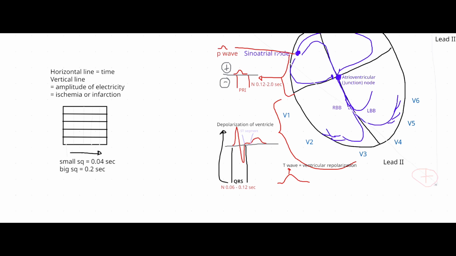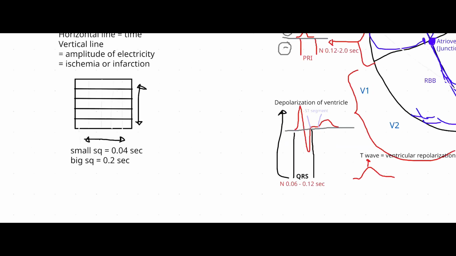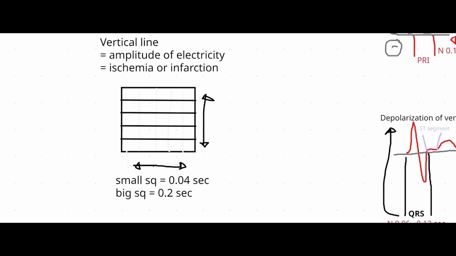Now this usually, again, is amplitude, but we're also looking at millimeters, okay? So each small square is 1 millimeter. Okay, so obviously one big square is 5 millimeters.